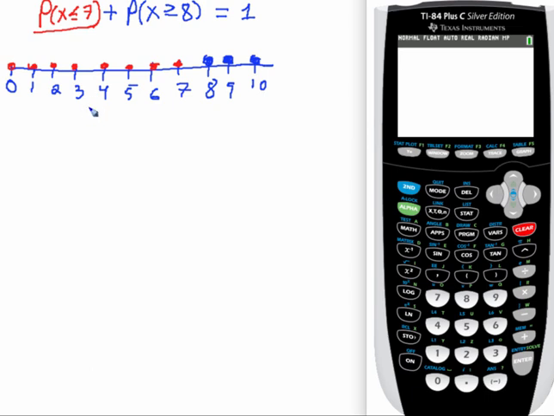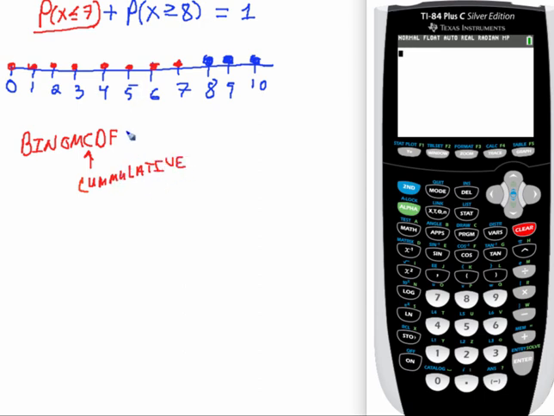It knows how to do that. It knows to sum from the left up to the endpoint that you pick using a command called binom CDF. So if you use binom CDF, C for cumulative, let's make that look like a U. Cumulative is additive, into adding things up.